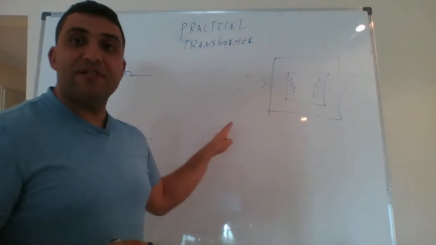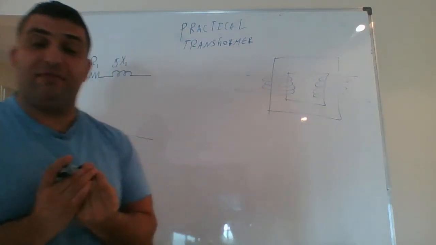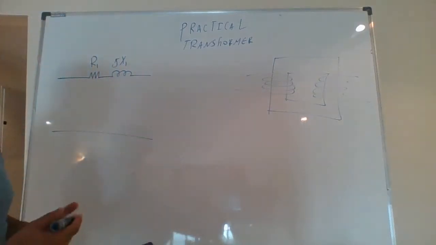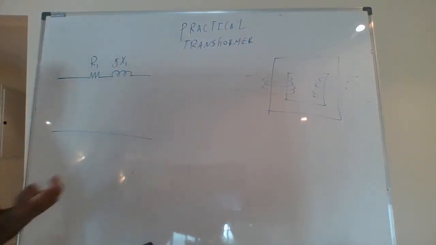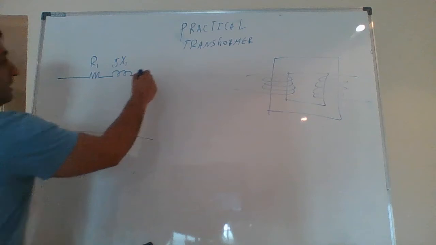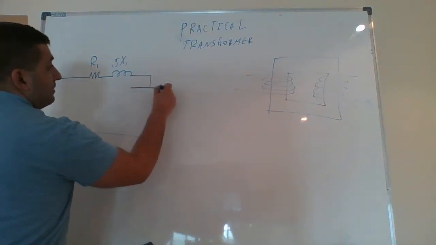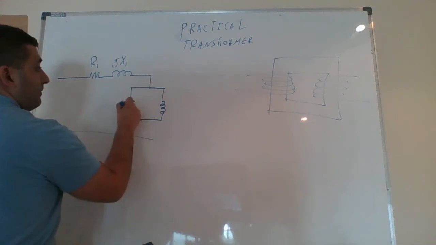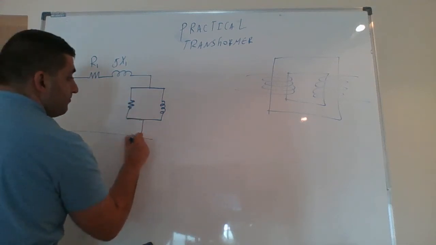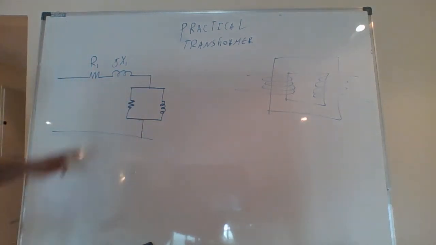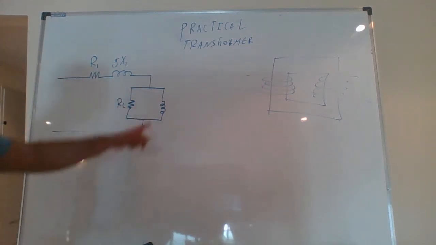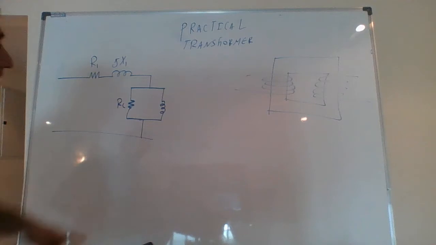What we discussed previously is that we do have core losses, which are represented by real and reactive losses. This can be represented by shunt elements. I want to call this R core, and this is due to the magnetizing system.